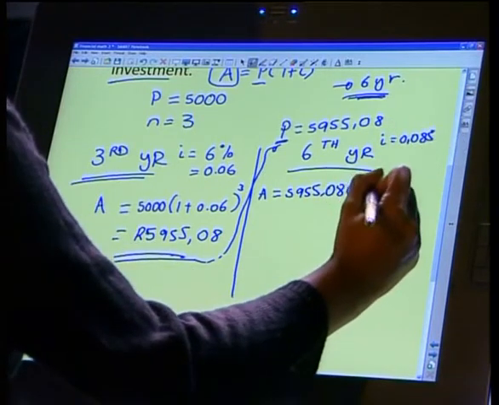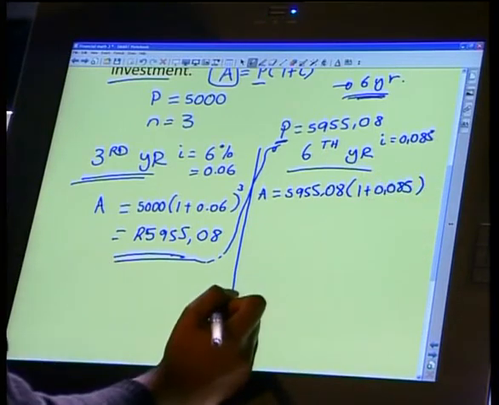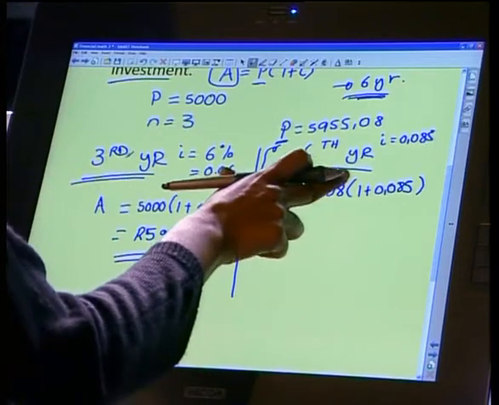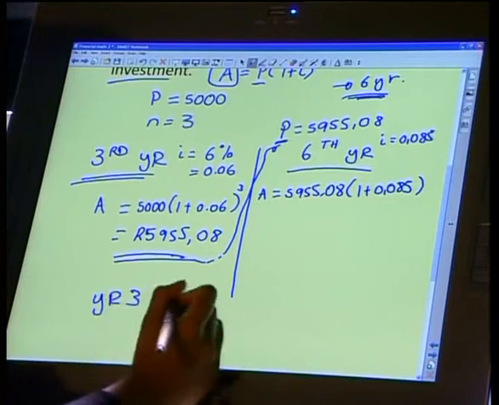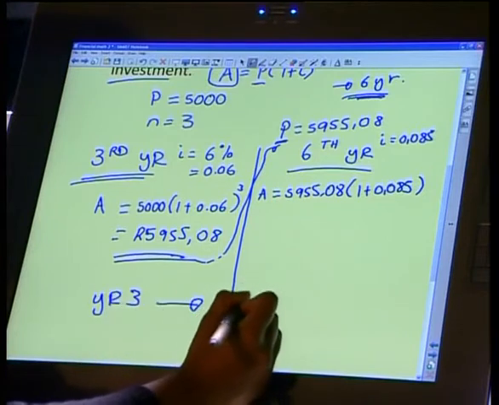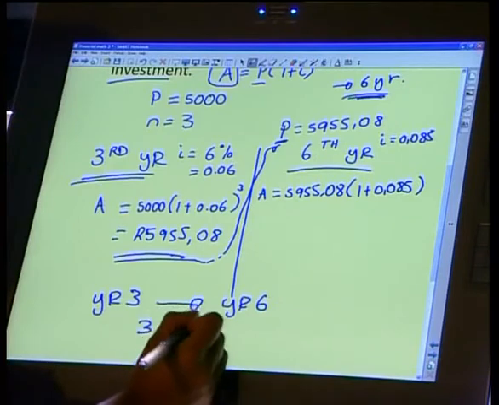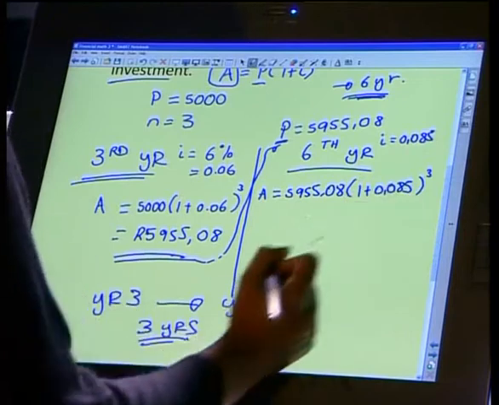So we say it's 1 plus 0.085. So this is just straight substitution into your formula. At the end of the 6th year, from the 3rd year to the 6th year, so from year 3, if we count, all the way to year 6, that's a period of 3 years. So our N here would be 3.